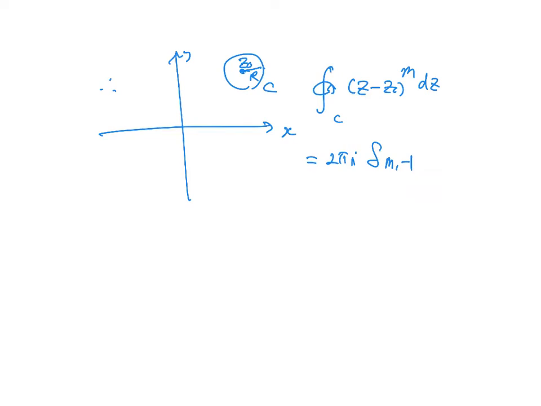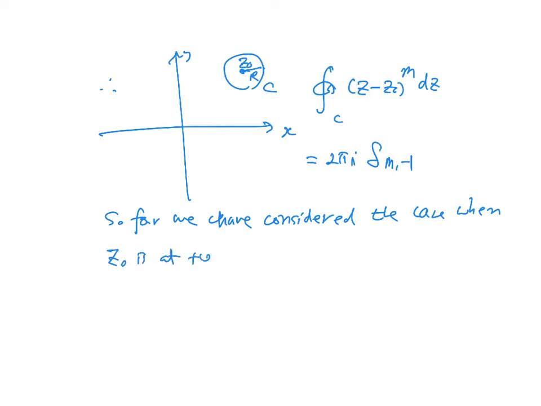So far, we have considered the case when z naught is at the center of the circle, right? What if not? Do you think the result is still the same or not?